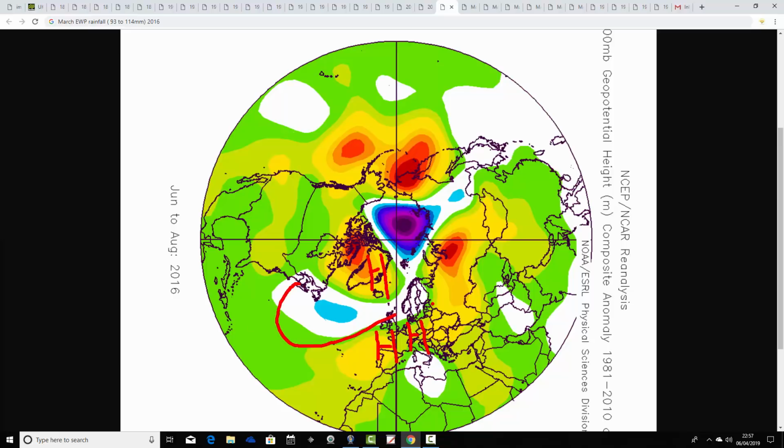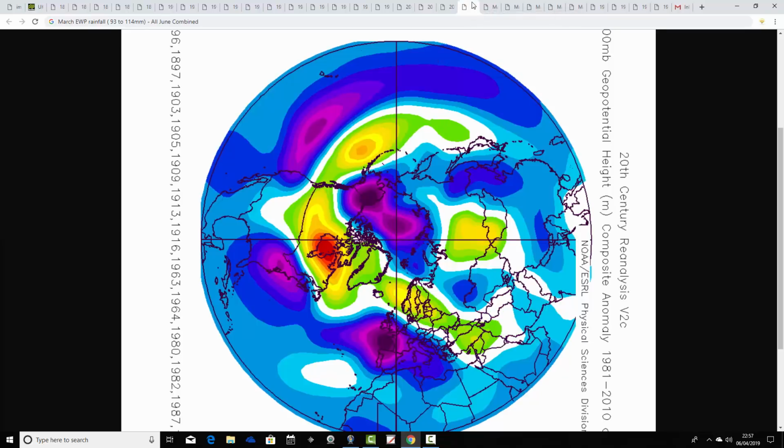And with this one, we're bringing in a westerly flow. It's a very backloaded summer, so June 2016 is quite cool and quite unsettled, but then by the time you get through to August and September even of 2016, it turns much drier and much warmer as well. So that's a classic example of a backloaded summer, when you get most of the warmth and dry weather at the end of the summer rather than at the start.